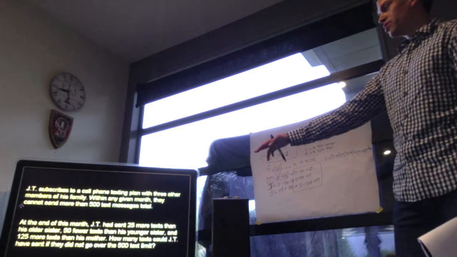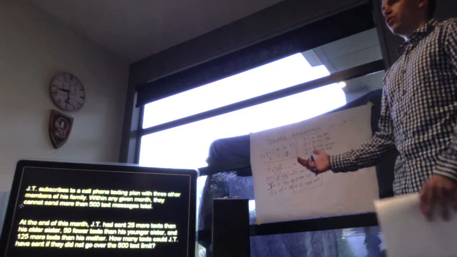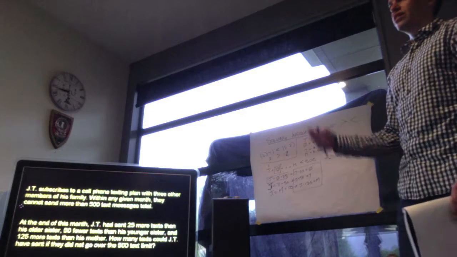So I would actually interpret this as it says does not go over. So this does sound like an equal to or less than. So that's a great catch. We're going to add that in. So it's less than or equal to, because you can go up to 500. So we'll put that in here. And that does matter for how many texts you can send.